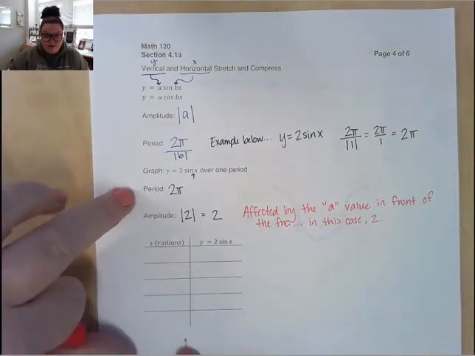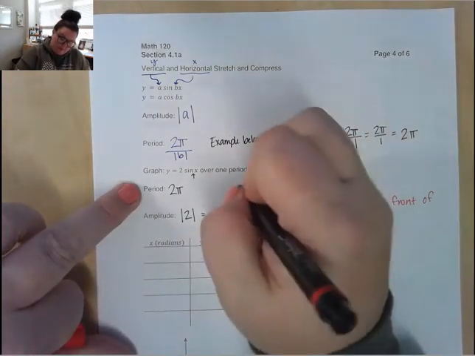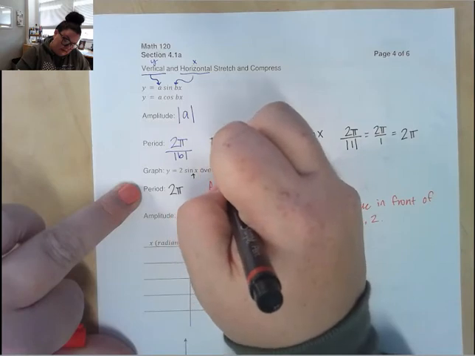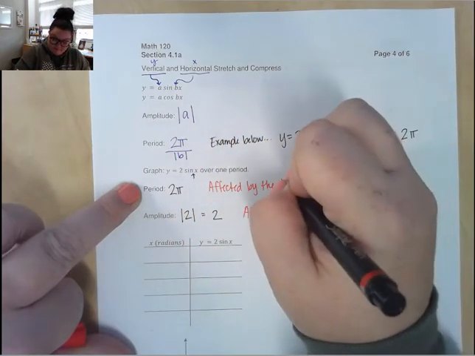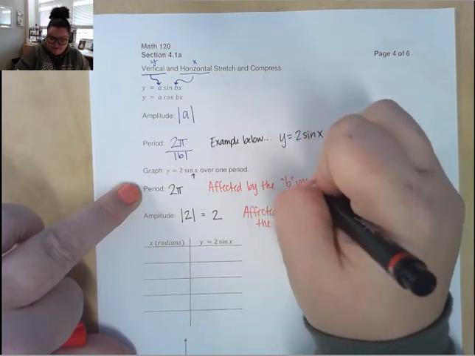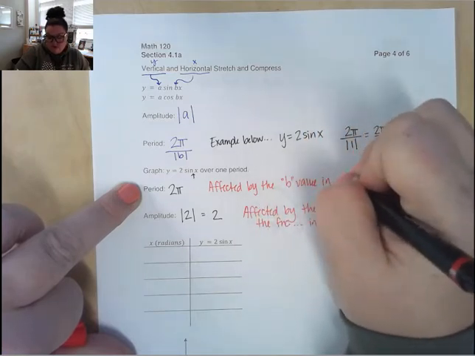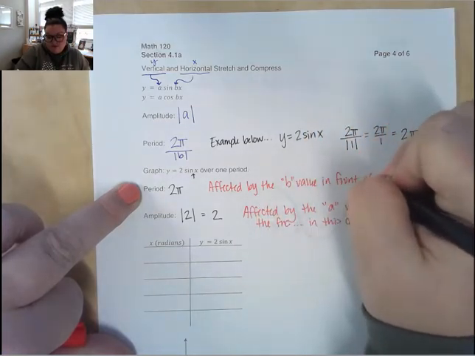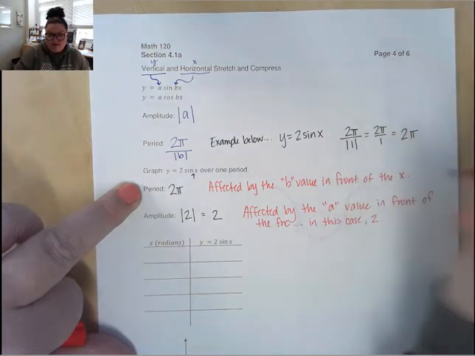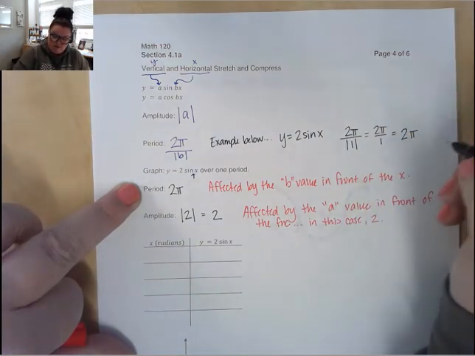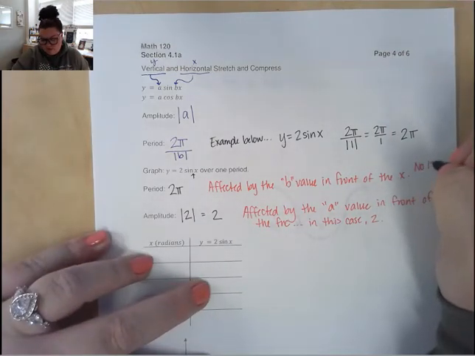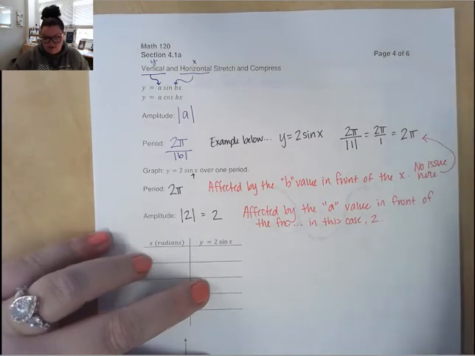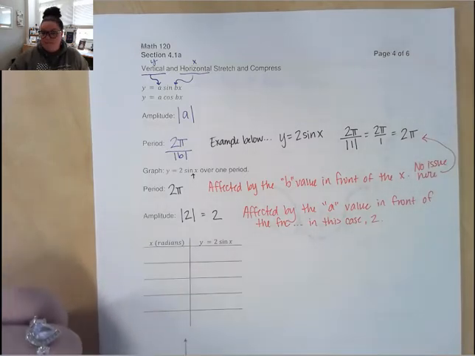And then we're looking for our period. Remember, this one is affected by the b value in front of the x. On this one, there's no issue here, and we showed that with this example.